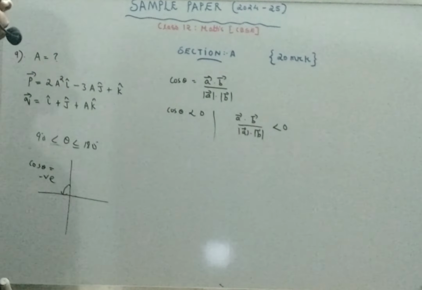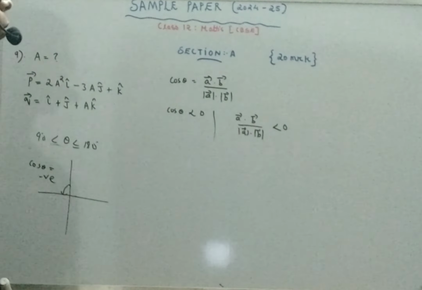Just cross multiply it and this whole fellow will cancel off. So we will be getting a vector dot b vector is less than 0. Now here, in place of a vector and b vector it is given p vector and q vector. So let me just rewrite it: p vector dot q vector is less than 0.